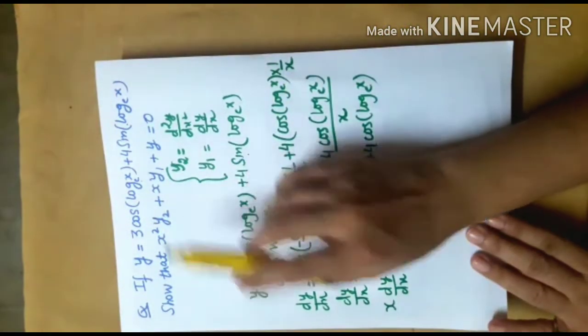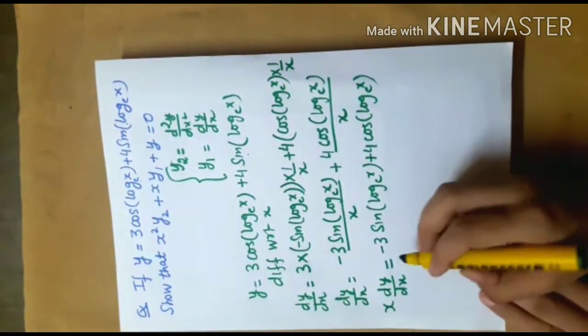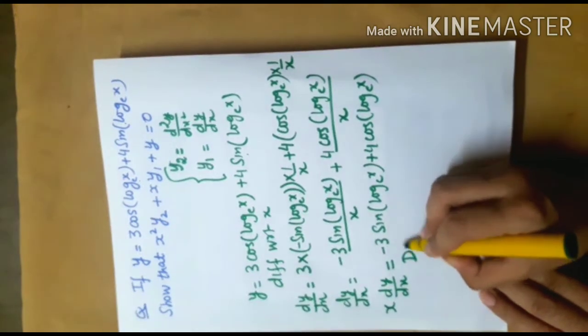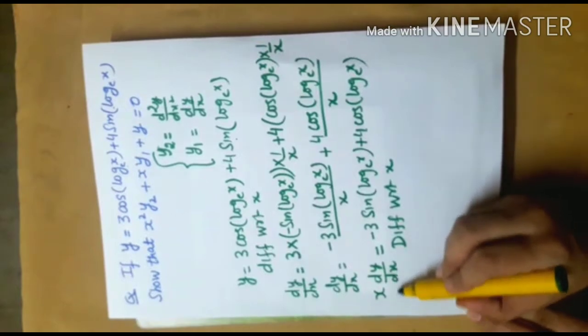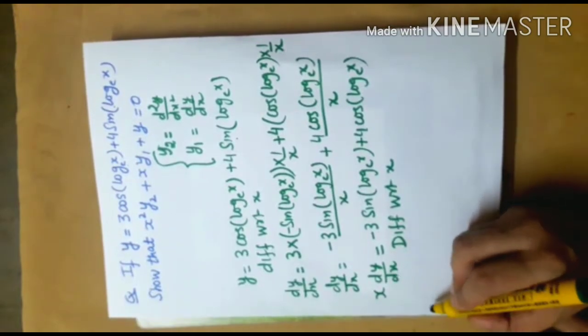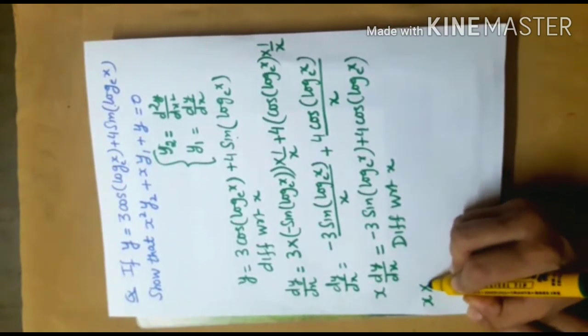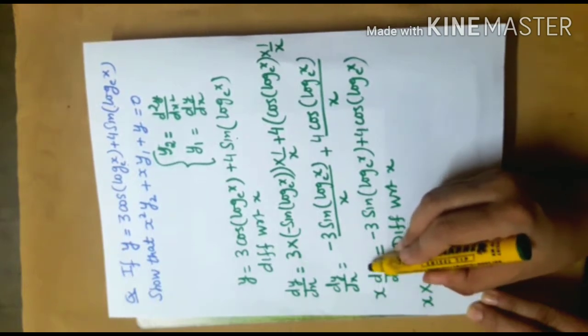Now I want the second order derivative also. So I'll differentiate this with respect to x. Here I'll apply the product rule. So first function into derivative of second.